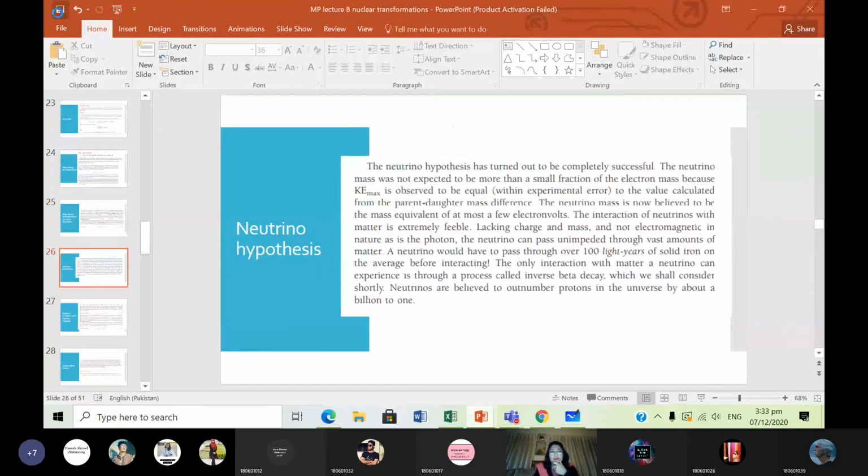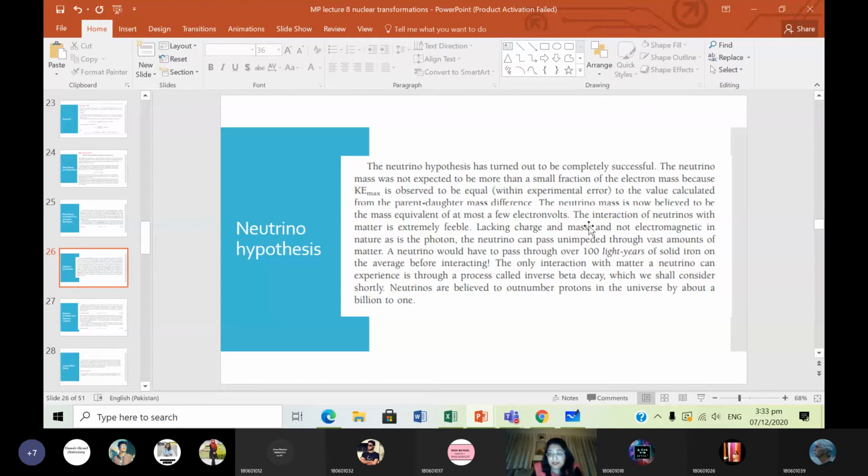Okay? So the neutrino hypothesis has turned out to be completely successful. The neutrino mass was not expected to be more than a small fraction of the electron mass because the kinetic energy is observed to be equal to the value carried from this. So the neutrino mass is believed to be the mass equivalent of at most a few electron volts. So the neutrino mass is very small, almost close to zero.